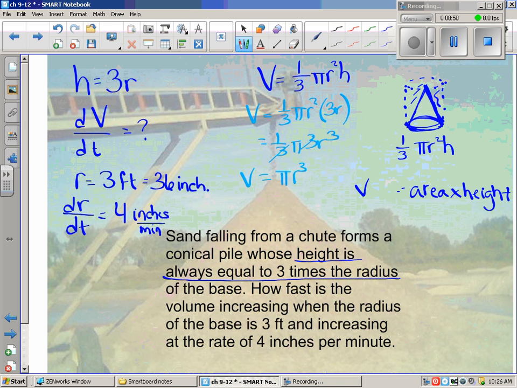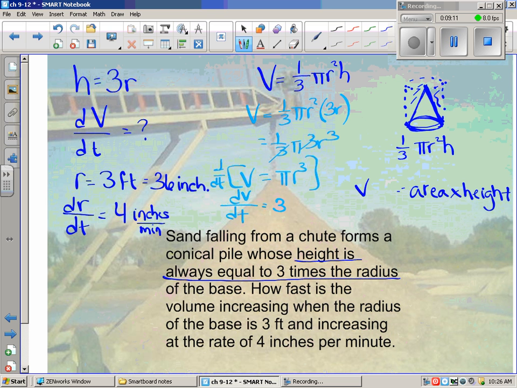Now, it's in terms of radius, yes, and we want to take the derivative of the volume because we want the rate in terms of time, how much that's changing. So the derivative of this whole thing, d/dt, with respect to time, would be dV/dt. And remember, pi is a number.